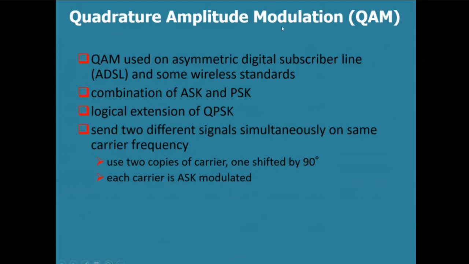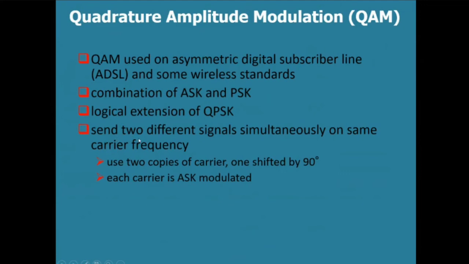Whereas in quadrature amplitude modulation, there is a combination of ASK and PSK. Here, the amplitude as well as the phase of the carrier signal are varied simultaneously. That is a different modulation technique. Generally, we can call it a combination of ASK and PSK. So, a logical extension of QPSK is quadrature amplitude modulation.